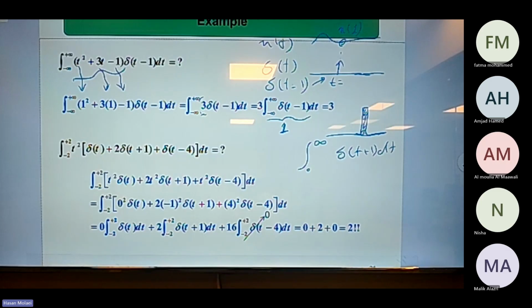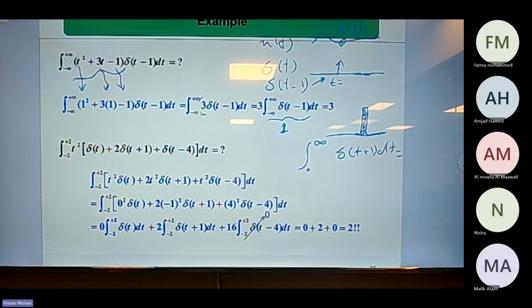If I had this one, how much is this integral? Isn't it the same? Is it the same? Why did you say 0?